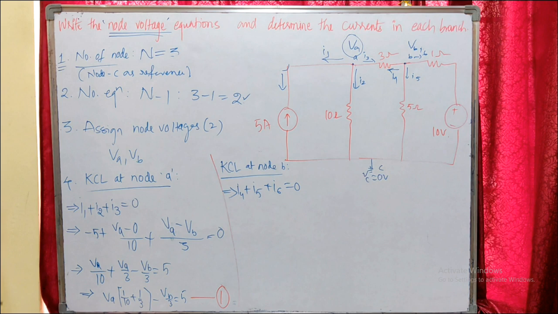I3 is VA minus VB by 3. I4 is opposite to I3, so I4 equals minus I3. I5 is VB minus 0 by 5, that is VB by 5. I6 is VB minus 10 by 1 ohm, since we have a 10 volts potential at the second end of the 1 ohm resistor. You need to find these currents and submit the notes in assignment 5.